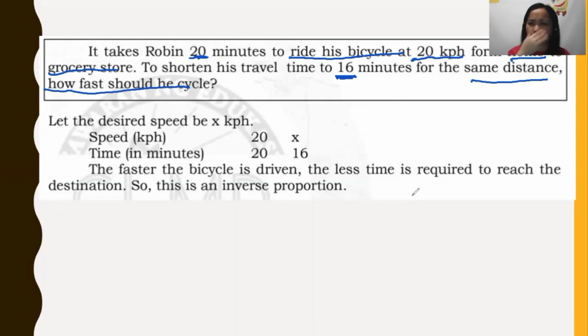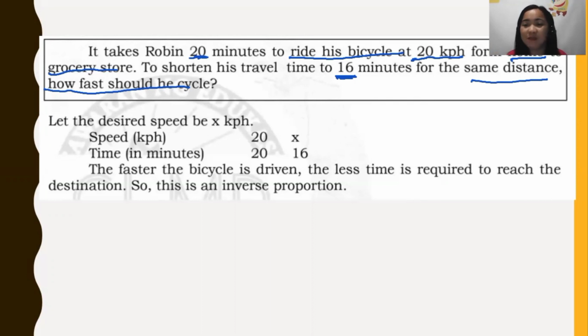Kayo, halimbawa from your bahay hanggang sa super or sa grocery store, gusto niyo na mas maiksi yung time. Nakabisikleta kayo, anong gagawin niyo? Siyempre, para mas maiksi yung time, mas bibilisan niyo. Tama ba?